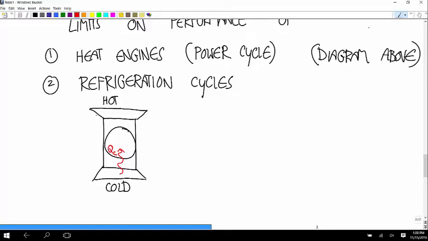You want to put it in a hotter place. That's the challenge of a refrigeration cycle. You want to pull energy out of where your vegetables are and deposit it in the room or outside your house or whatever. Same thing with air conditioners. And so you want to remove this heat, Q sub H.